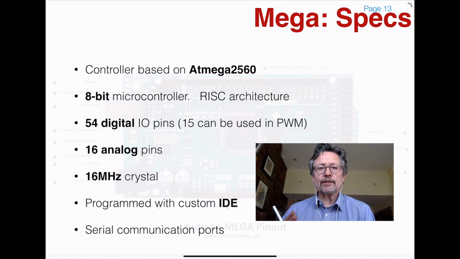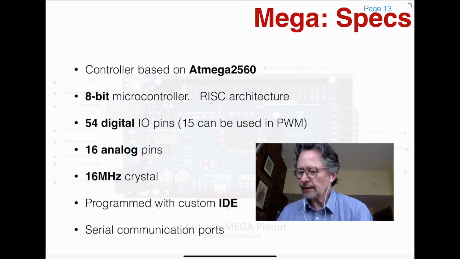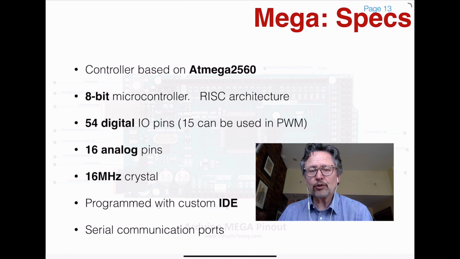So 16 megahertz basically means 16 million instructions executed per second. These are the instructions that we talked about in assembly language. A program in assembly language is made of instructions, and each one is translated into an opcode. It's an 8-bit microcontroller, so that means that it can only move pretty much 8 bits at a time, so it's not much.